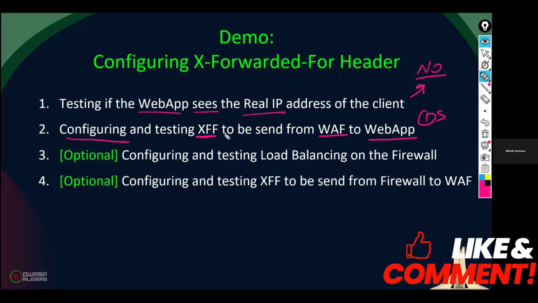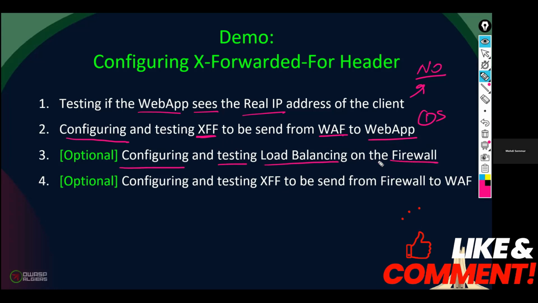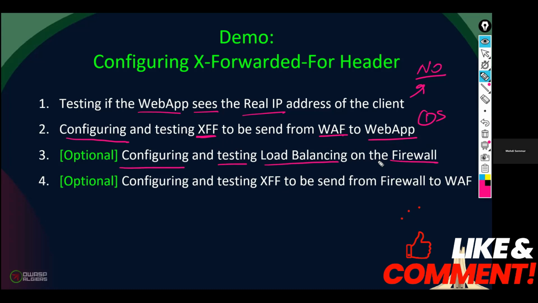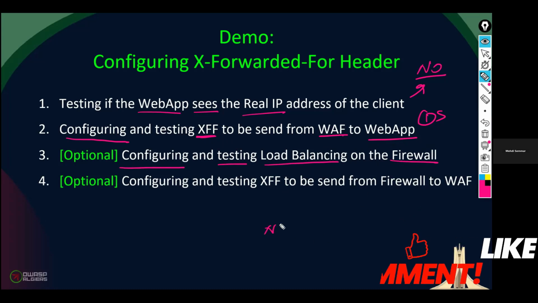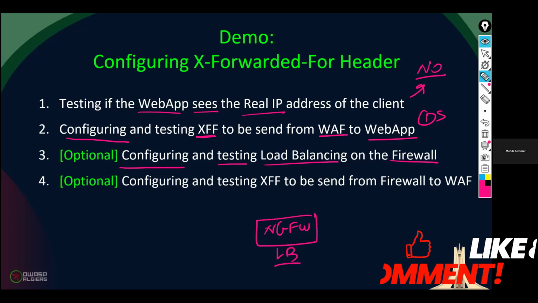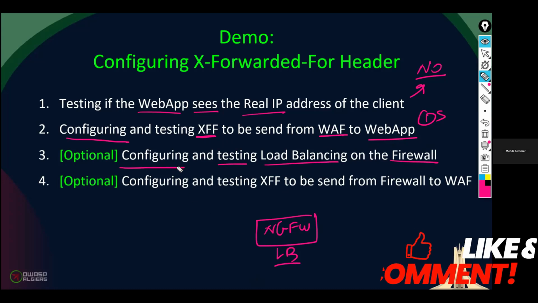If we have time, we will configure and test load balancing on the firewall. So I will not deploy a dedicated load balancer. First, it would be too complex, but the FortiGate next generation firewall has load balancing capabilities inside it. So I will configure the firewall as a load balancer.